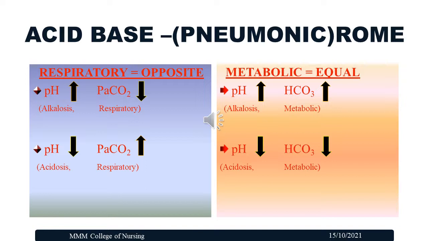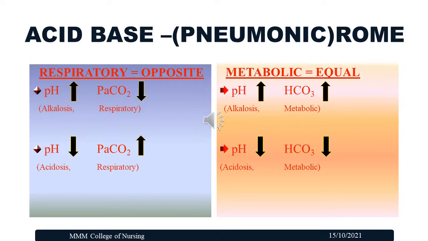Respiratory is because of the variations in the partial pressure of carbon dioxide, and since respiratory is opposite, a low partial pressure of carbon dioxide and an increased pH is called respiratory alkalosis. And a high partial pressure of carbon dioxide and a low pH is called respiratory acidosis.